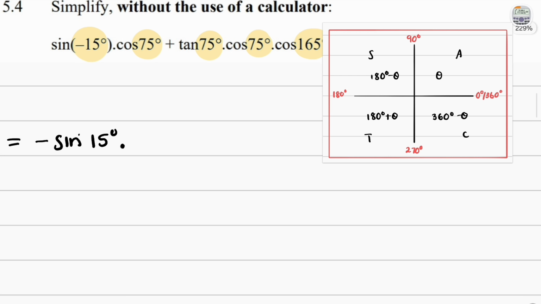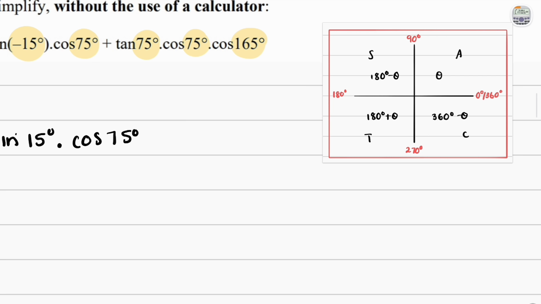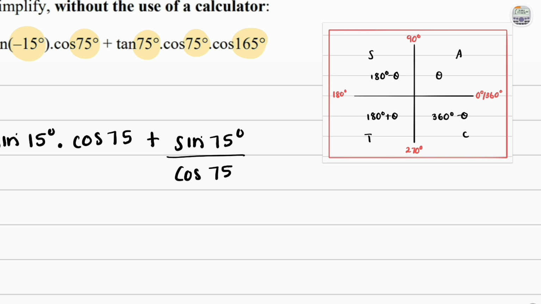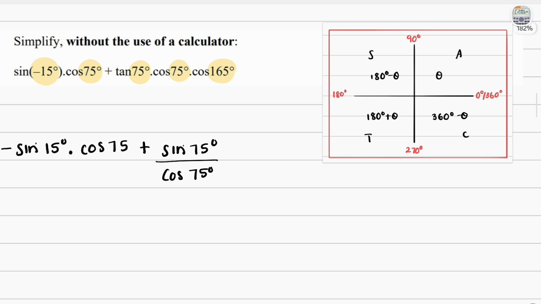So multiplied by, and then we still have cos 75 degrees and then plus tan 75 degrees. Now tan, we can rewrite as sine 75 degrees over cos 75 degrees, just so it cancels with the next cos. So multiply by cos 75 degrees.